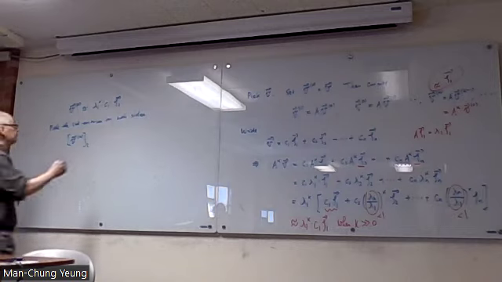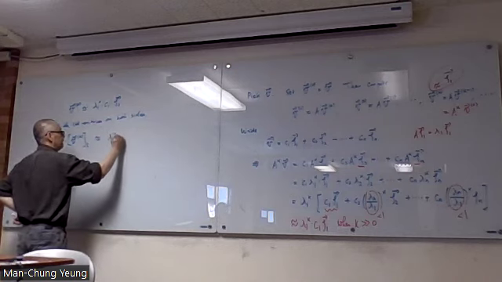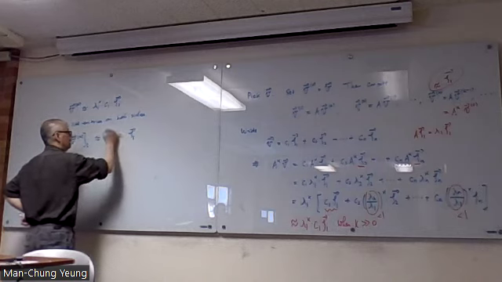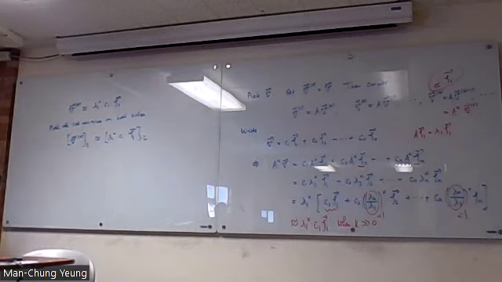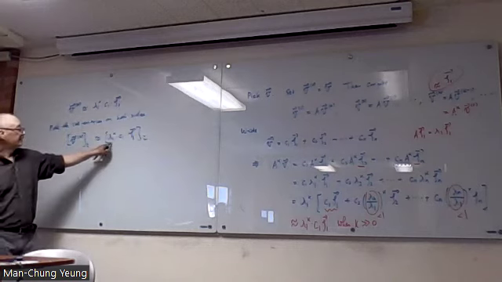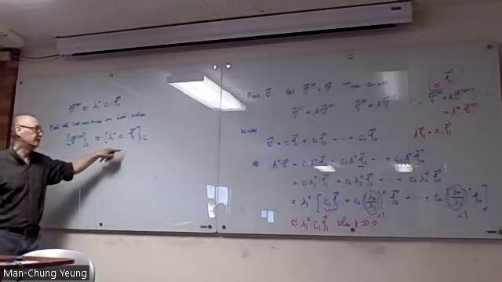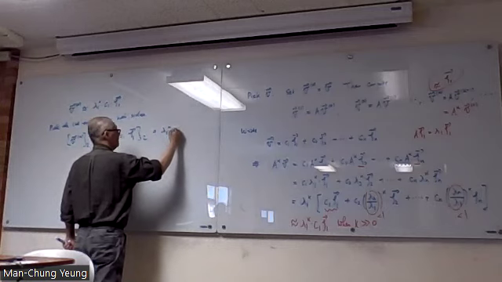So this is roughly equal to k times c1 times the i-th entry, a scalar number times a vector, so this is lambda 1 to the k times c1.